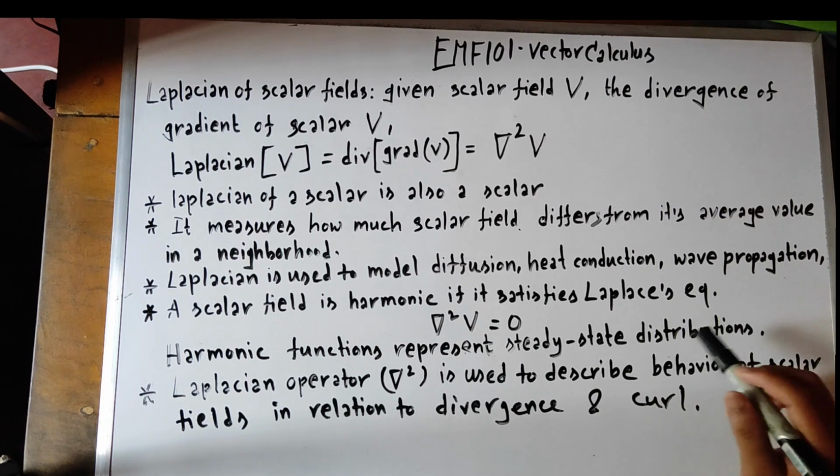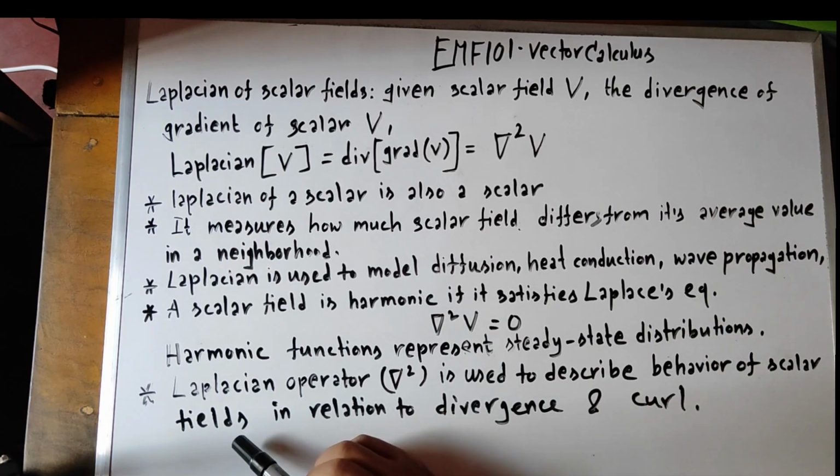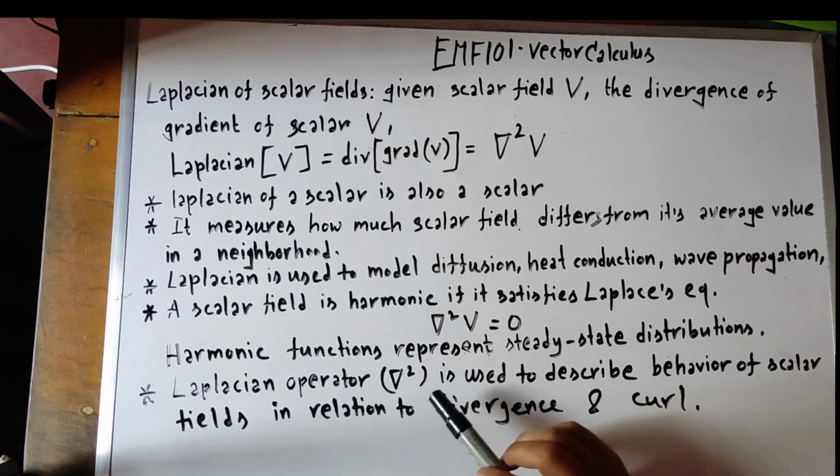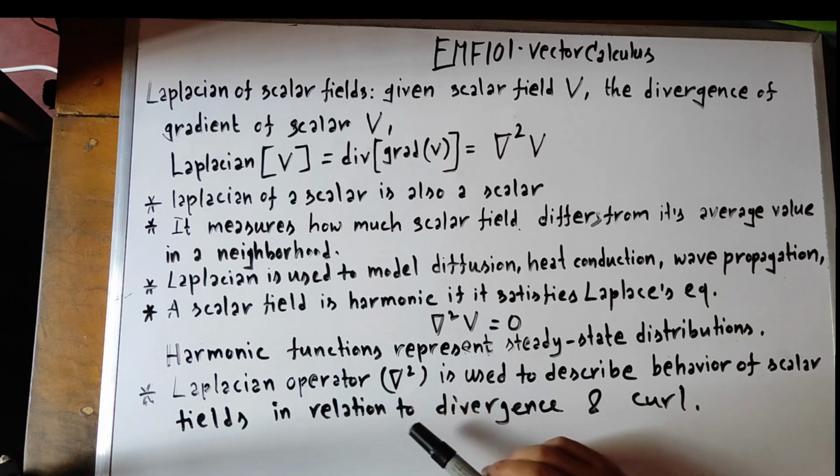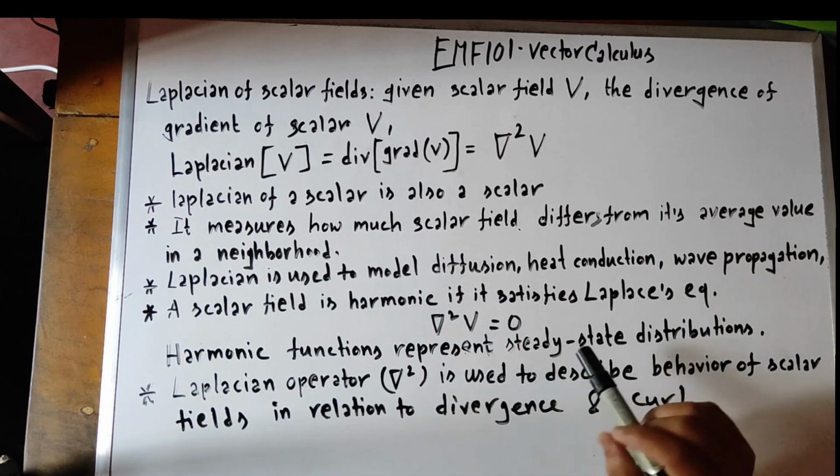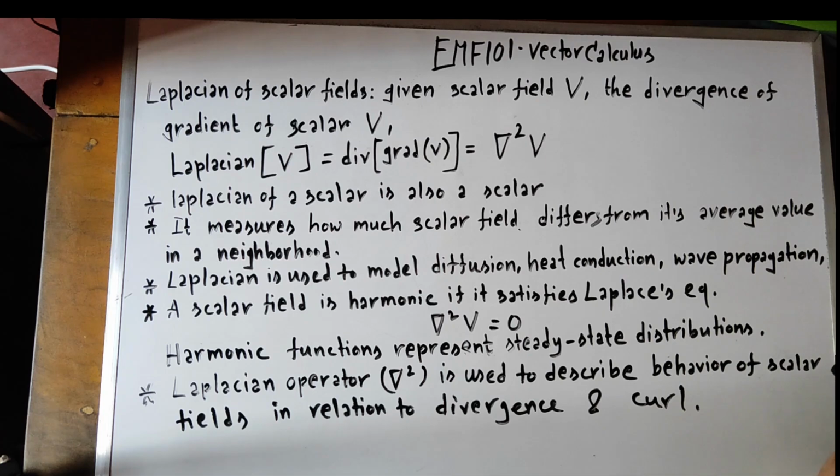both scalar and vector. And the Laplacian operator, which is nabla square or del square, is used to describe the behavior of scalar fields in relation to divergence and curl.